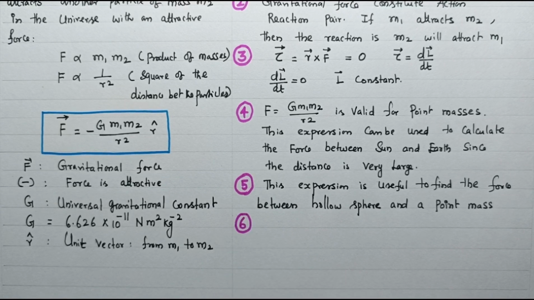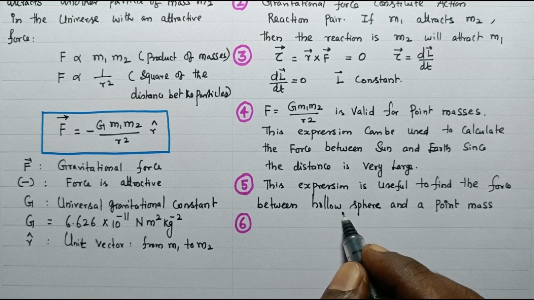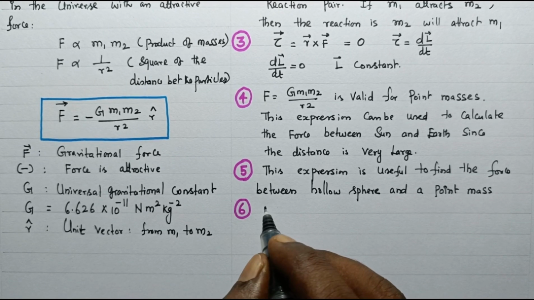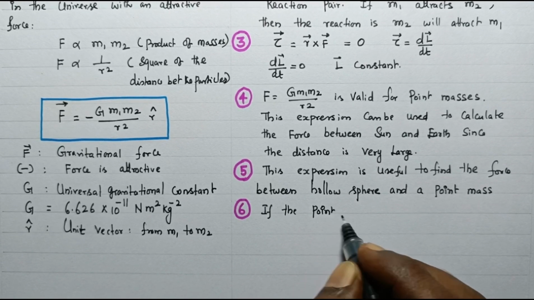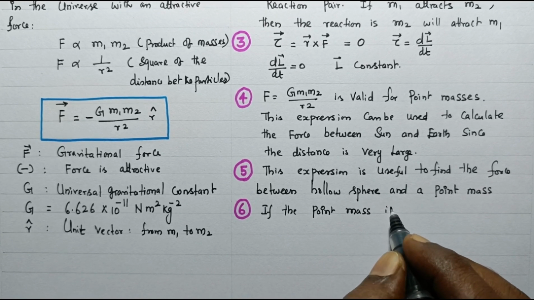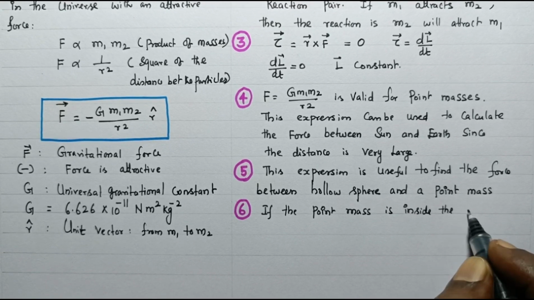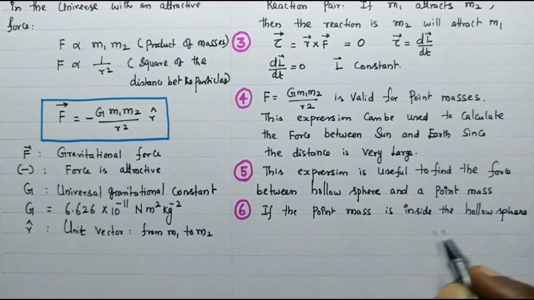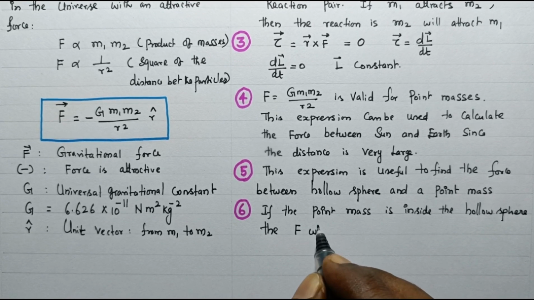Next point, suppose if the point mass is inside the hollow sphere, then the gravitational force is 0. If the point mass is inside the hollow sphere, then F will be 0.